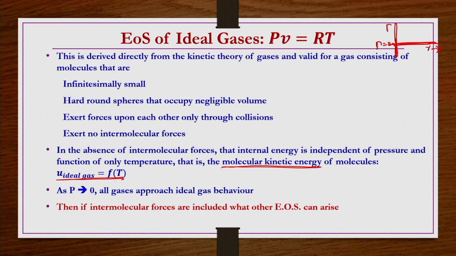Then if intermolecular forces are included, what other kinds of equations of state can arise? When we include these intermolecular forces, we may have several equations of state, other than ideal gas behavior, that depend on the type of intermolecular forces.